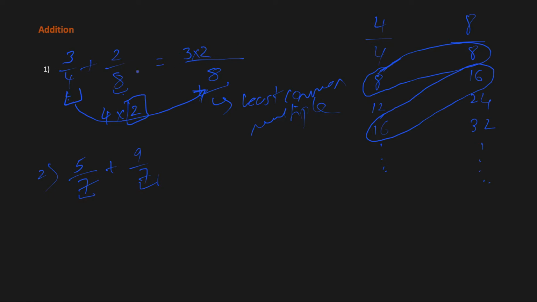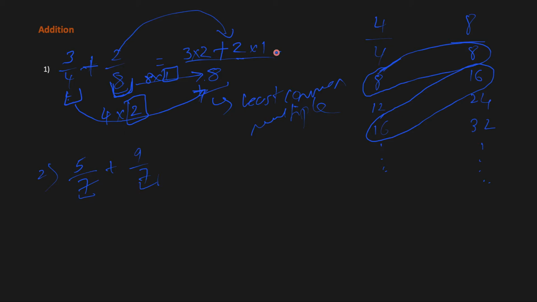And since we are doing addition, and this you can see is plus, the next step is to compare this denominator with this denominator. Since it's the same, we will just use the same numerator as is. Or the other way is 8 times what is 8, so it's 1. So either you use the same numerator, or you can multiply 2 with this 1 as we did here. It's one and the same thing.